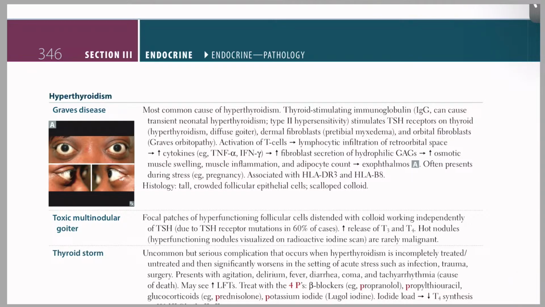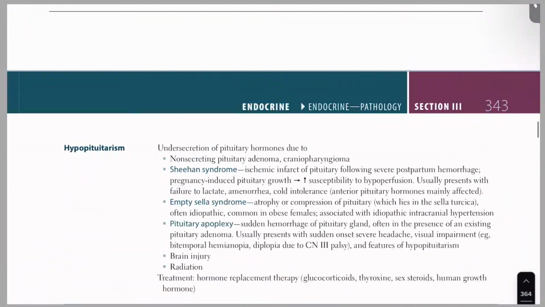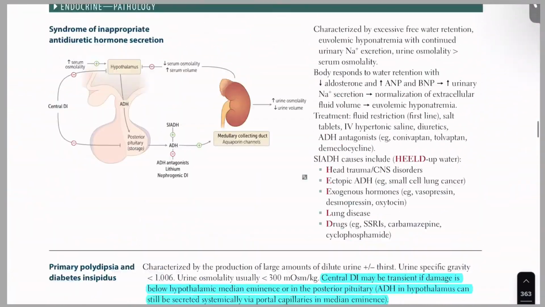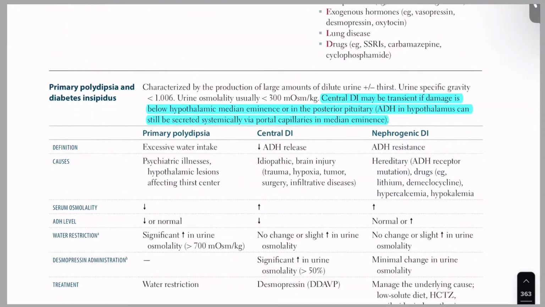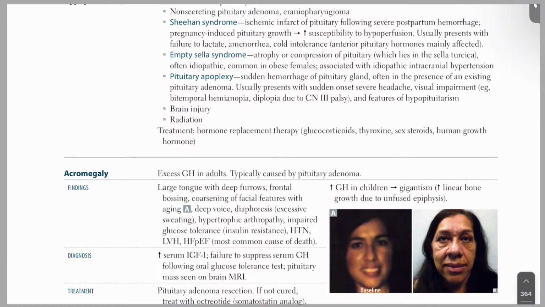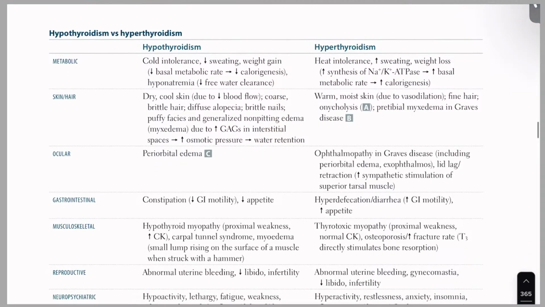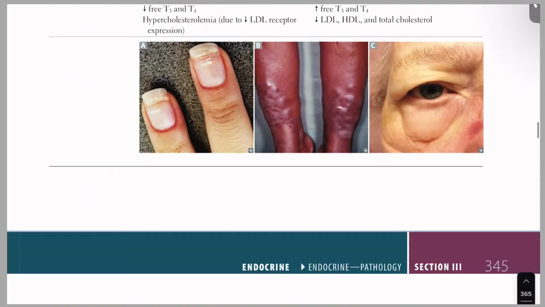So at exactly 1:12 we are ending our session. We have just completed hypothyroidism. In this session we started from primary polydipsia and diabetes insipidus. We read hypopituitarism, acromegaly, hypopituitarism versus hypothyroidism versus hyperthyroidism.